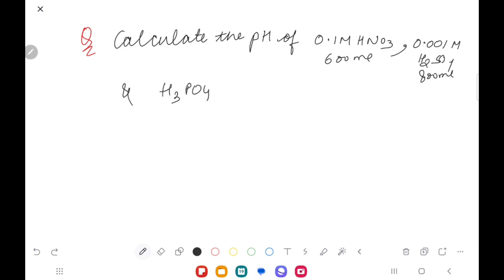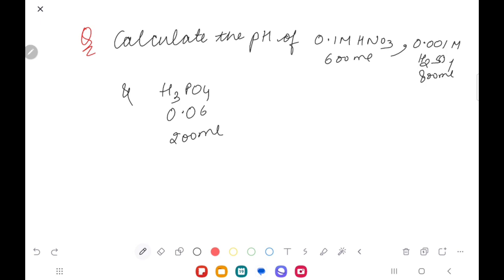Assume H3PO4 to be a strong acid, though it is a weak acid. But I'm saying just assume it for a while that it is a strong acid. And 0.06 molar, 200 ml. So you have to calculate the pH of this mixture.